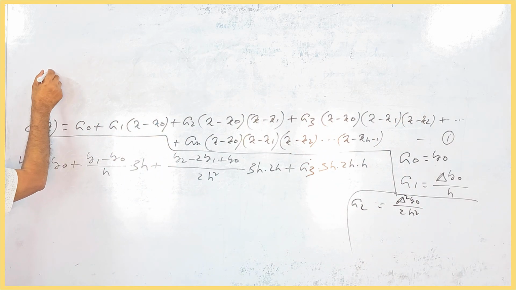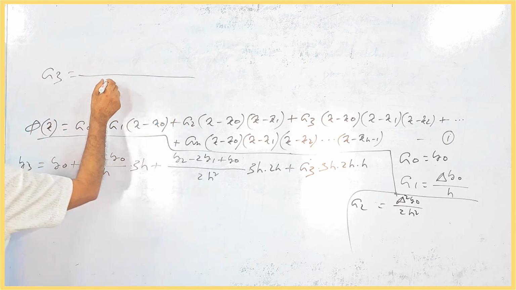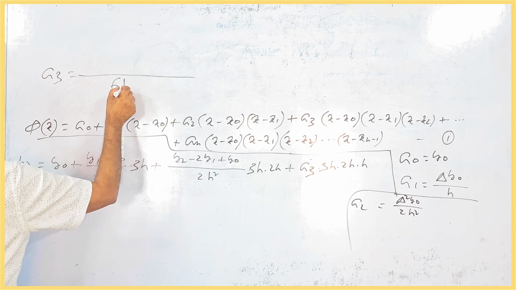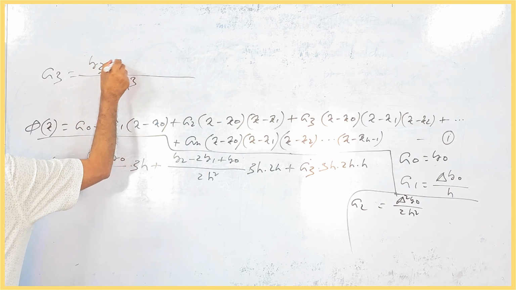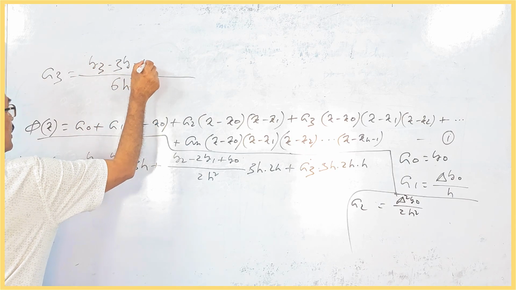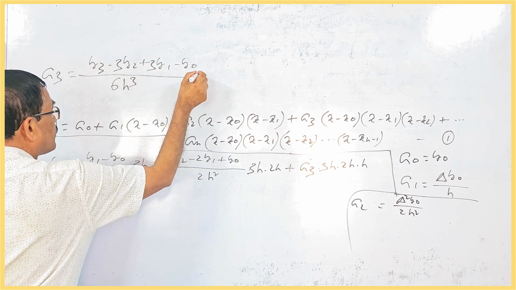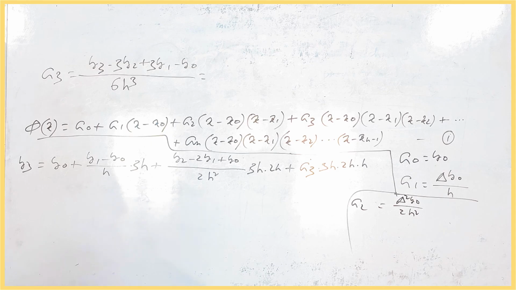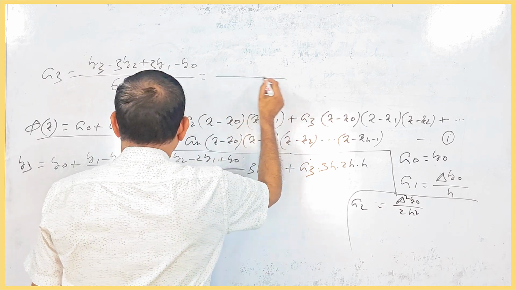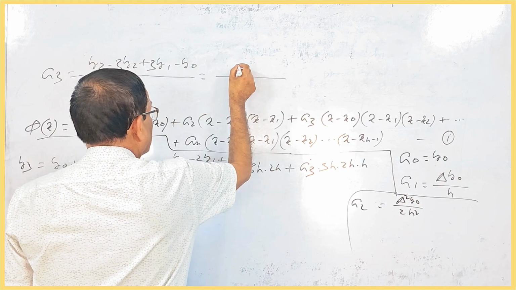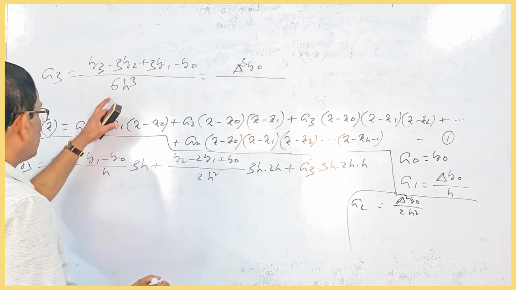A3 equal to y3 minus 3y2 plus 3y1 minus y0 divided by 6h cube. And from the definition of divided differences, we are getting the numerator as delta cube y naught, and 6 means it is 3 factorial.